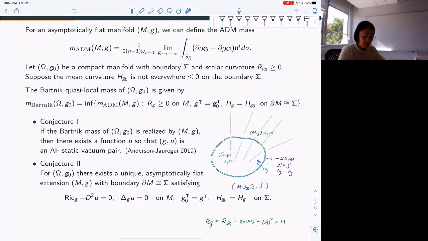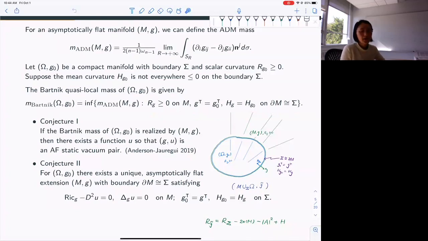The second condition says that the mean curvature of Σ as the boundary of the exterior region should equal the mean curvature of Σ as the boundary of the interior region. So you see that the mean curvature should be continuous across the boundary. We consider all those possible extensions, compute the ADM mass of them, and take the infimum. That's the definition of the Bartnik quasi-local mass.